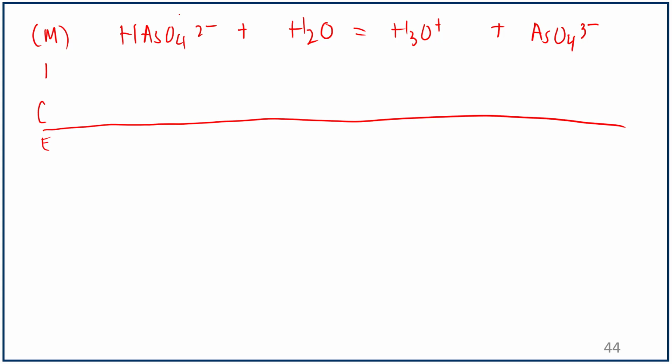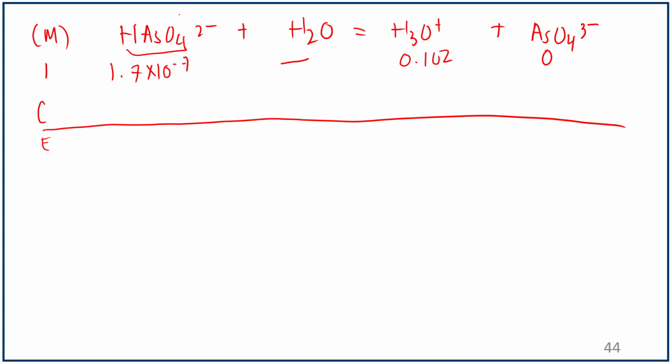We have this value from the previous equation that we just solved, so that's going to be 1.7 times 10 to the negative 7. Then this one should be 0.102, again from the previous problem, and then arsenate should be 0.